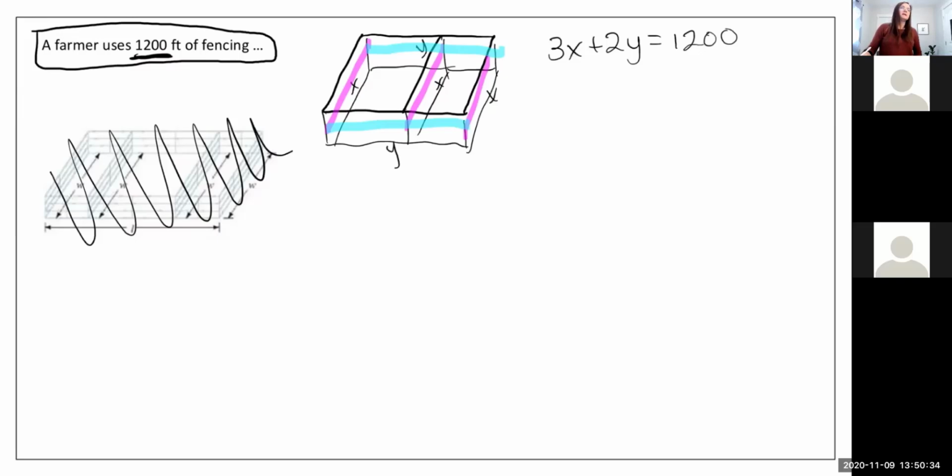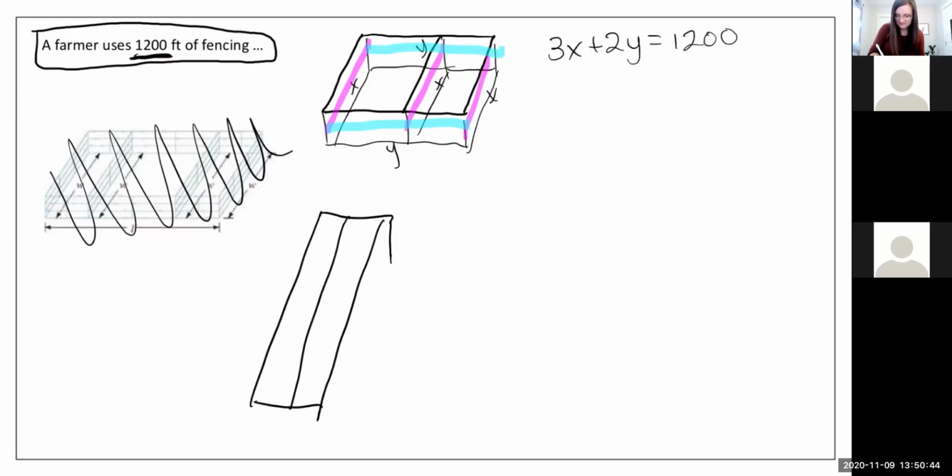But if you imagine these X's and Y's being different distances, I could have drawn the same shape like this, right? So what's the problem there if it's a farmer and he has animals that want to go in there? That's kind of problematic, isn't it?